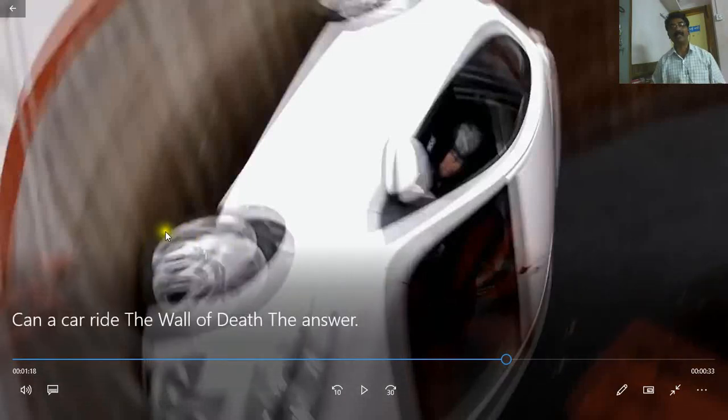You can clearly see the car which is exactly on the vertical wall. But still the tires of that car are properly in contact with the vertical wall. They are not sliding downward. And this one is the driver, who is enjoying the drive, right? Can you imagine how this magic takes place? That we will see in this application. We will see the next video.